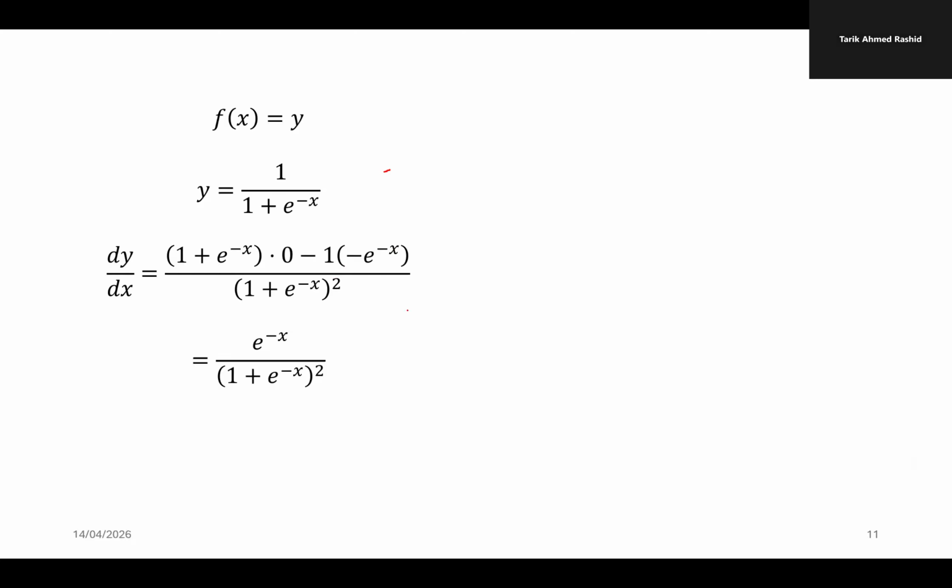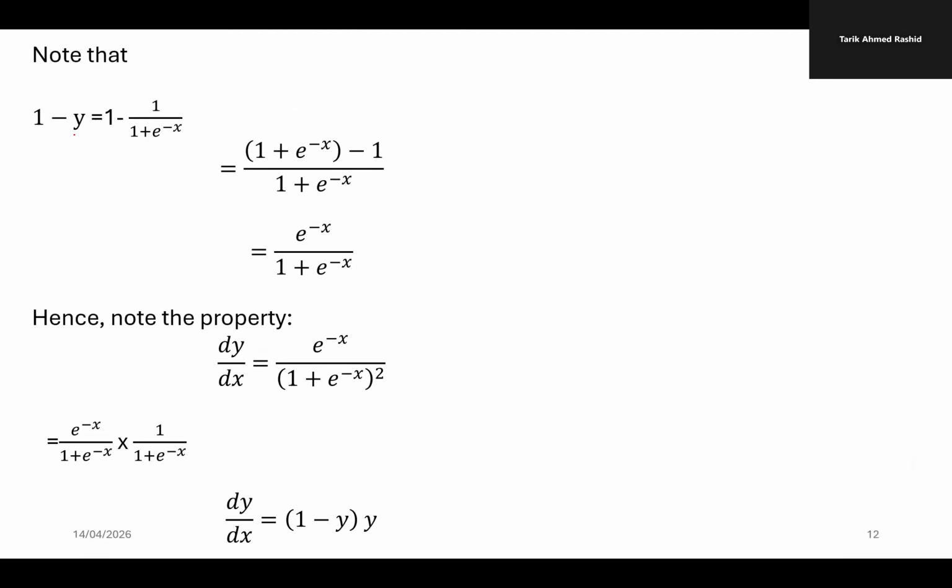And then it will be e minus x over 1 plus e minus x all squared. Because that minus will multiply to here, it will be e minus x over 1 plus e minus x squared.